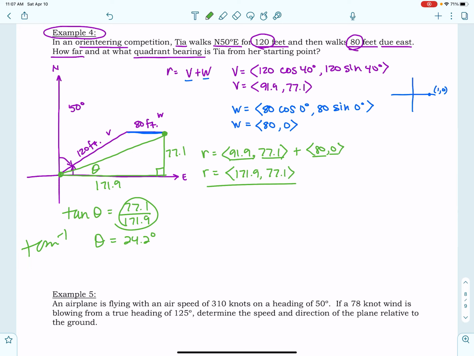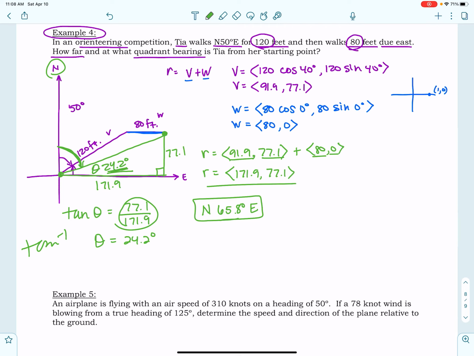So if we can calculate the bearing to this right here, it's going to be north this many degrees east. All right, so all I have to do is calculate that many degrees. Well, if that's 24.2 degrees, then it's going to be 90, the whole quadrant, minus this, and that will give me this value right here. So when I subtract 24.2 from 90, I get 65.8 degrees east. And that is my quadrant bearing.